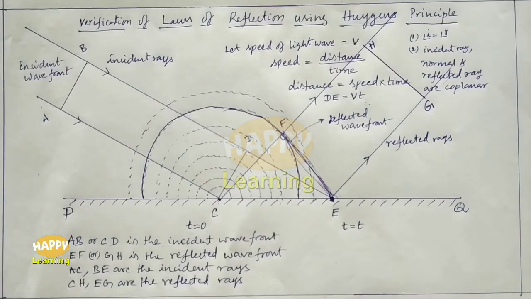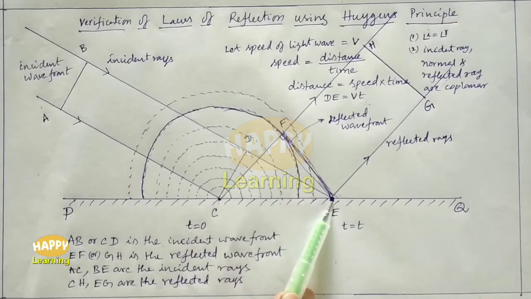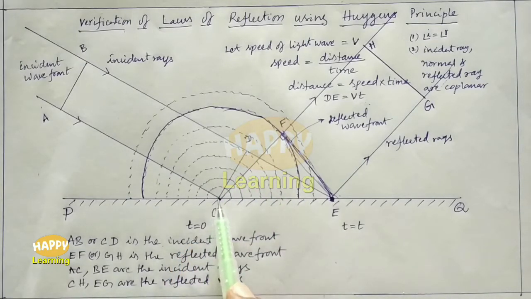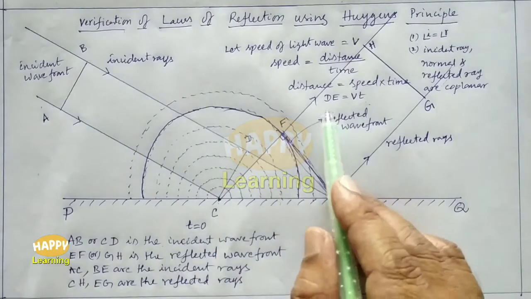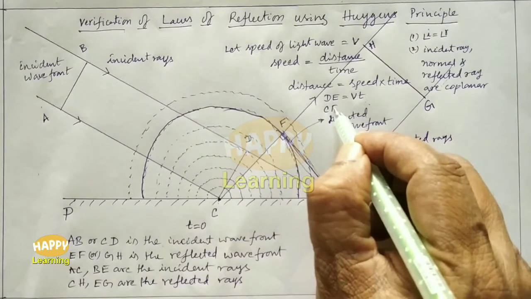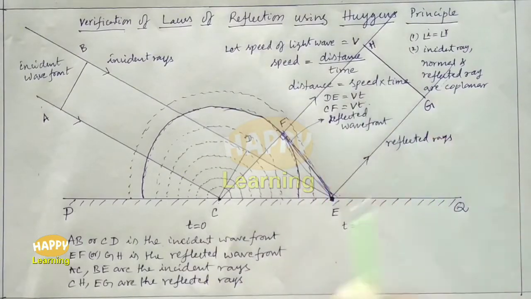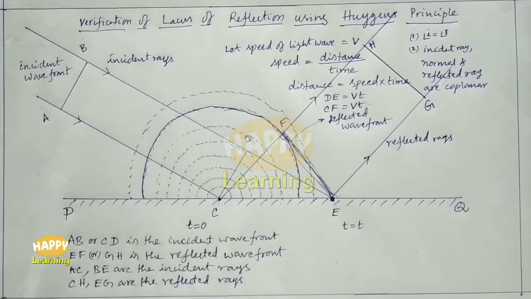Okay, here one point to be noted, by the time this ray starting from D reaches the point E, the secondary wavelet starting from C has reached the point F. This DE is equal to VT and CF is also equal to VT. If this distance is VT, this distance is also VT. Okay, right.